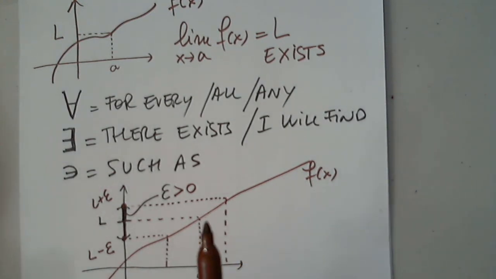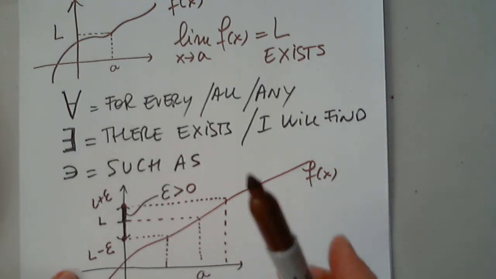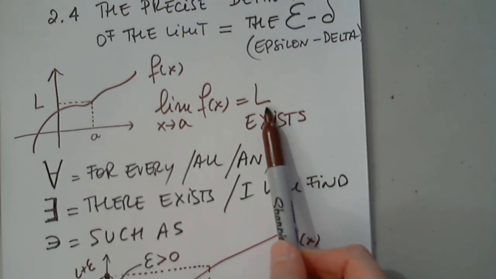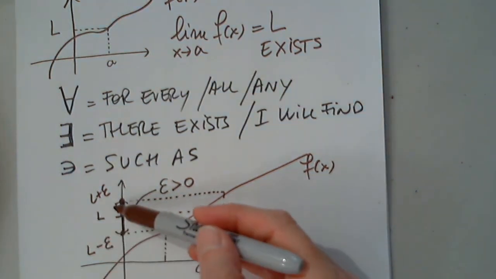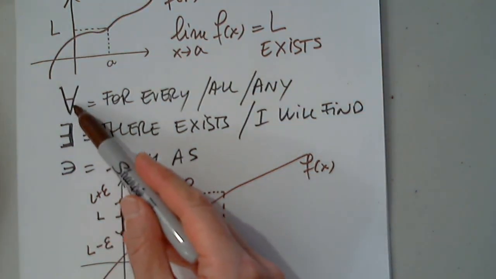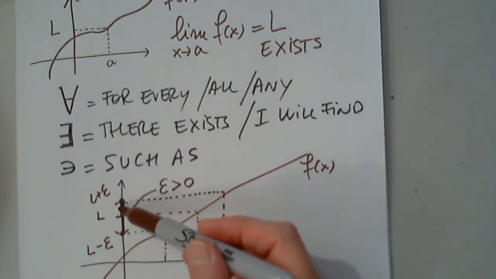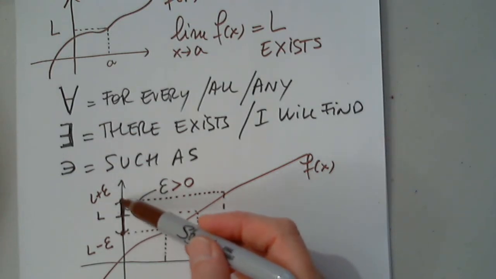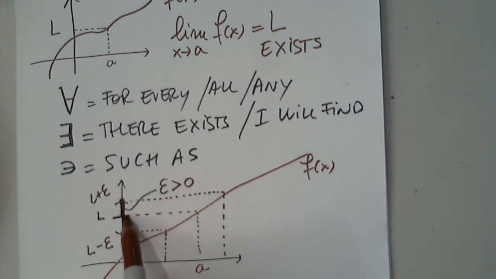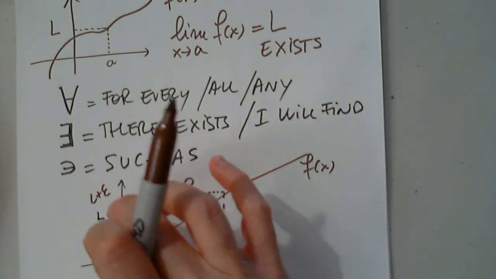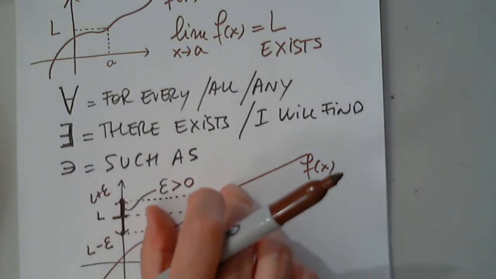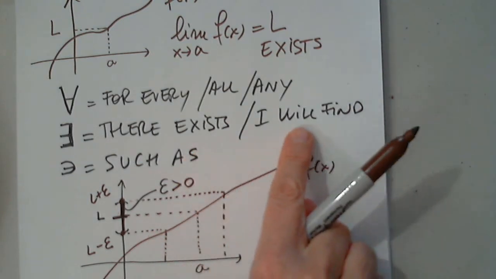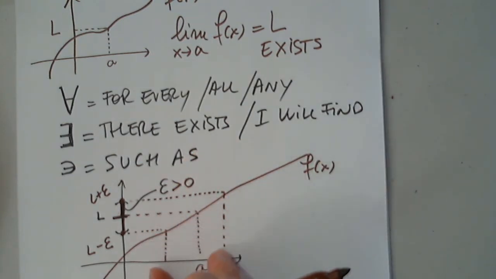So that's the start of the definition. This limit exists means that for every epsilon, I'm going to put it in writing in a minute, for every epsilon around L, there exists, I will be able to find a delta.